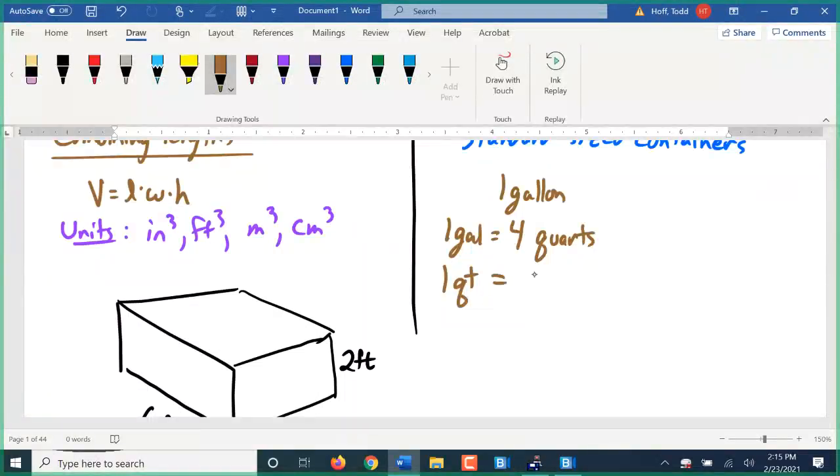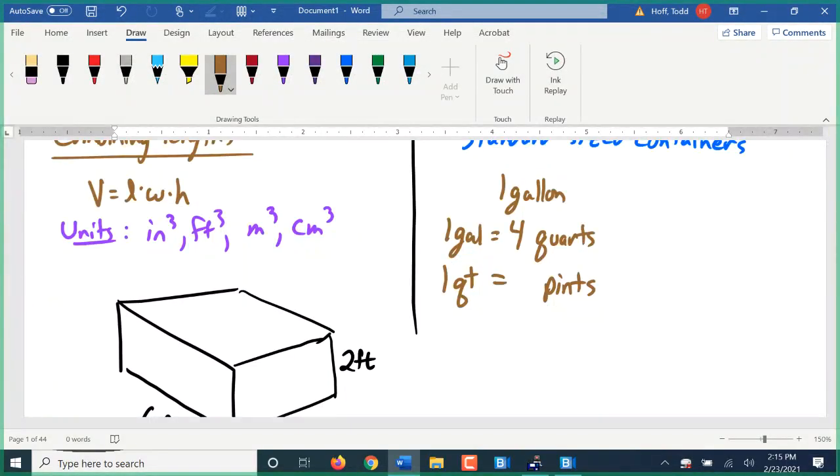Smaller than a quart, we have pints. Now, pints were a unit on their own. It was a standard sized jar. It was used for preserving fruits and vegetables, or for any produce, and it was also used for serving drinks. You'd order a pint of ale or a pint of whiskey or whatever. So the pint was a standard jar that already existed.